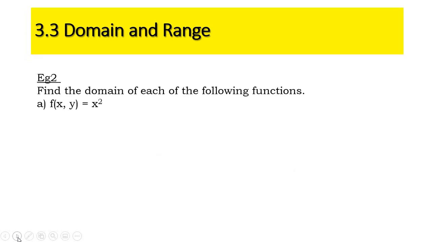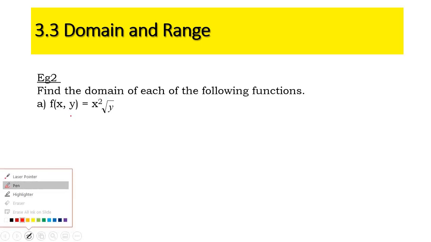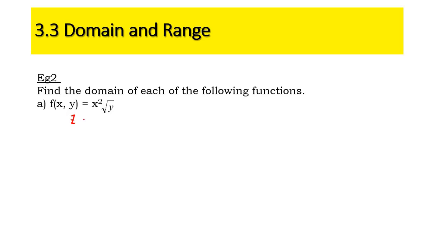Second one: find the domain of each of the following functions. So let's take this one, z equal to x squared times the square root of y. Z equal to x squared times the square root of y. So the domain will be the xy values.